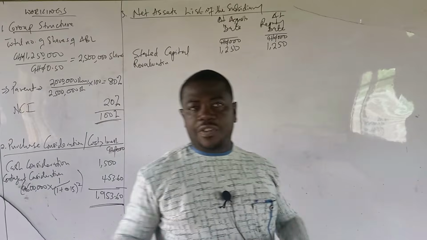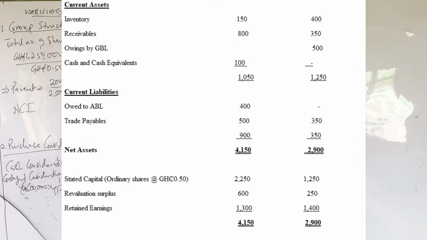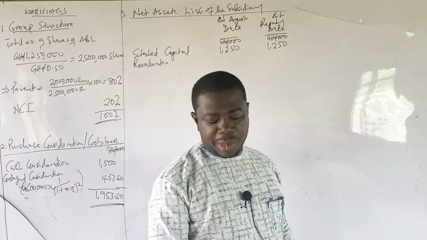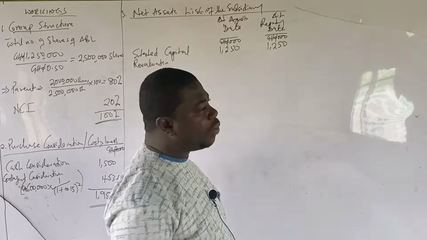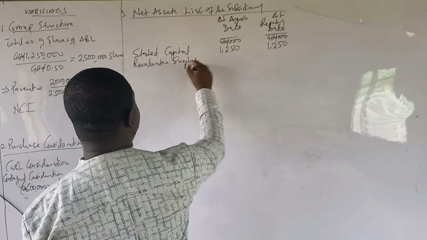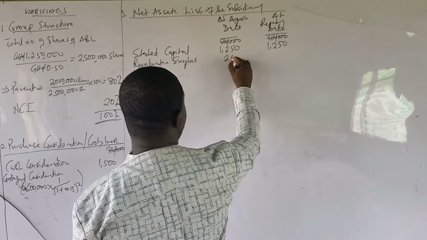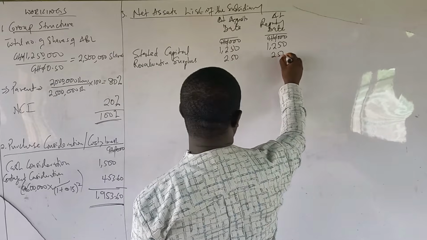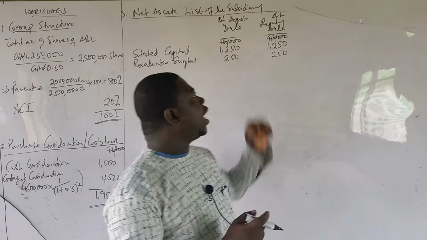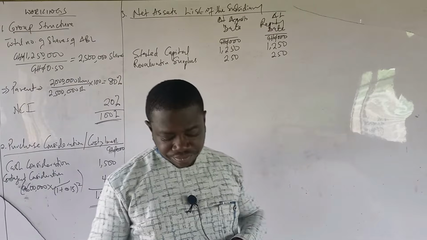We have revaluation surplus at the acquisition date to be 250. And then the same for reporting. Actually, the statement of financial position that we have is at reporting date. But we have been told in the additional information that there were no changes. If there were any changes, it would have been mentioned. So we always assume once they didn't say anything about that, then there are no changes in revaluation surplus. So at acquisition date is 250, at reporting date is 250.